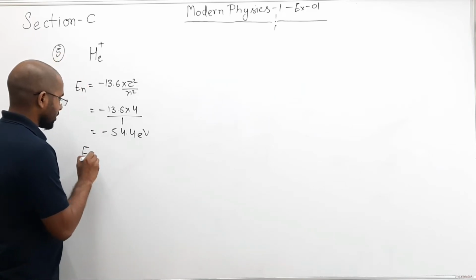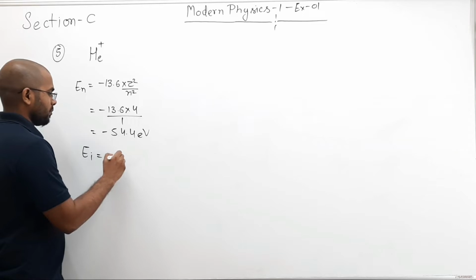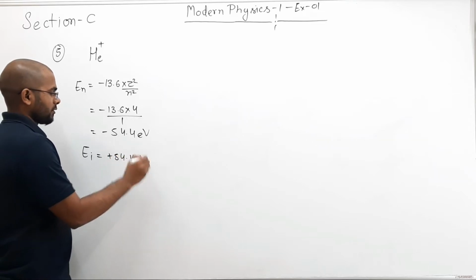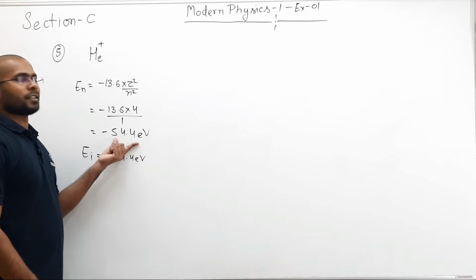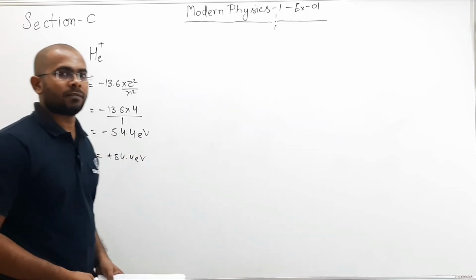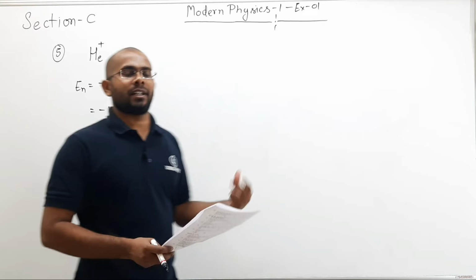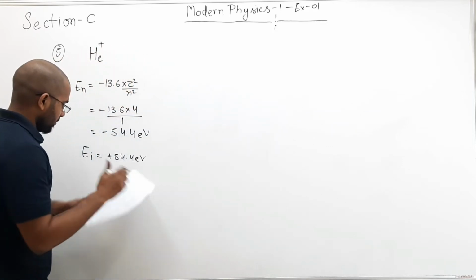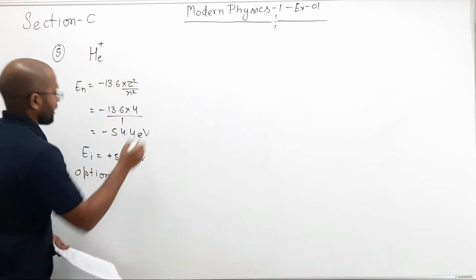So the ionization energy will be the positive value of this, plus 54.4 electron volt. If you provide this much energy to this electron, its total energy will become 0, meaning it will be free of the atom. So option number 3 is the correct choice.